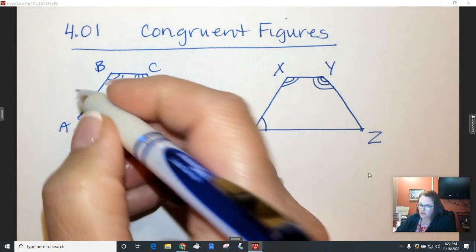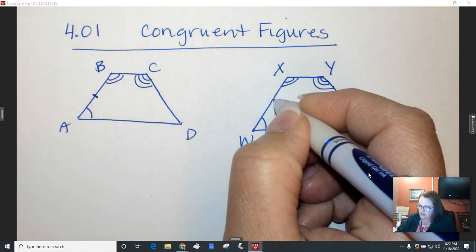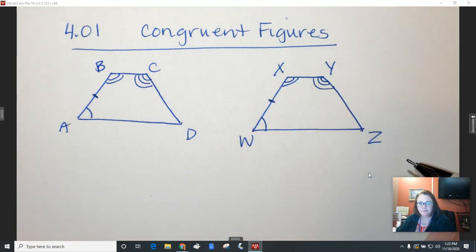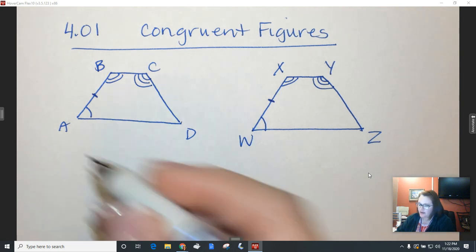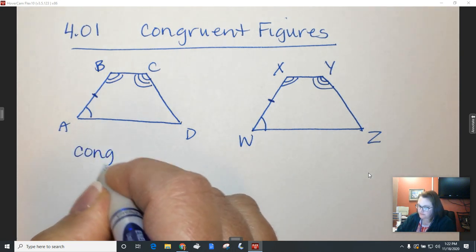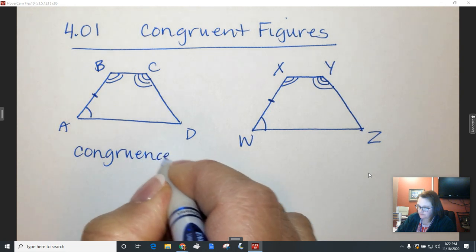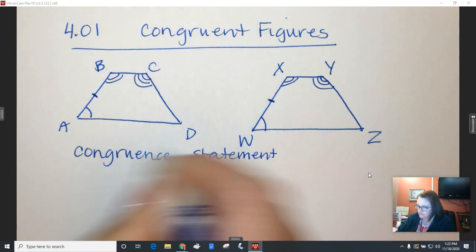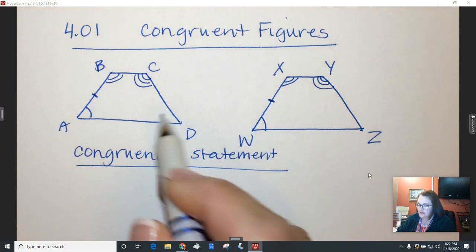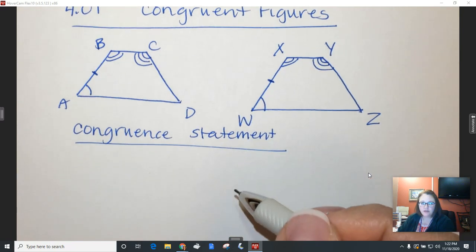Okay, and we'll also say that this side matches this side and so on. Okay, now we can write a congruence statement stating that these two shapes are congruent.